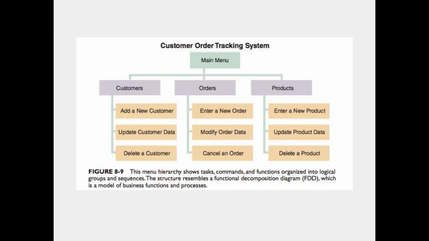When a person goes to the main menu, there are 3 options: customers, orders, and products. Under the customer, you have 3 options: add a new customer, update customer data, and delete a customer. Under the orders, you have enter the new order, modify order details, and cancel the order. Under the products, enter a new product, update product data, and delete the product.